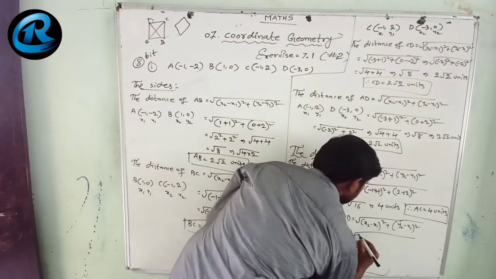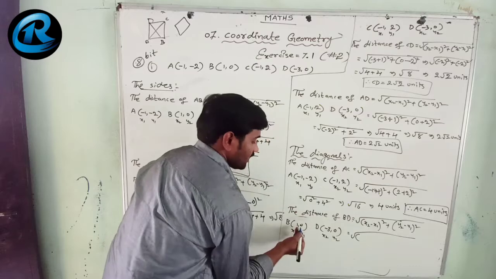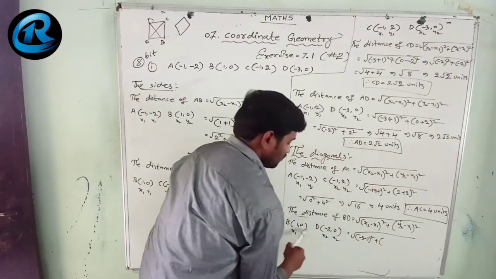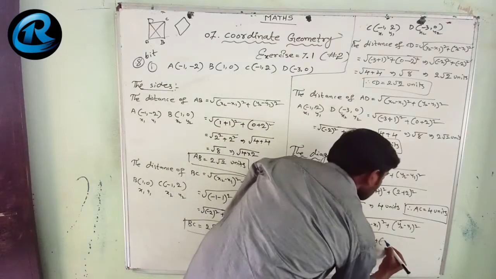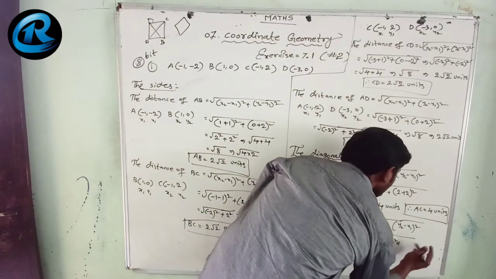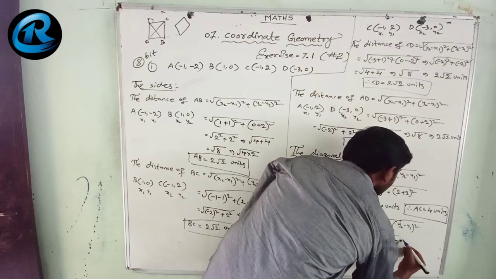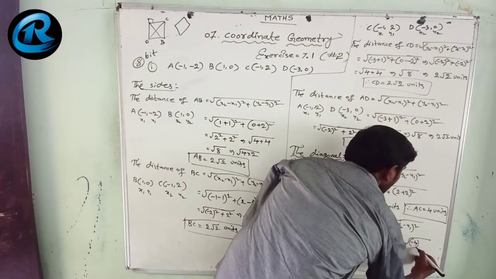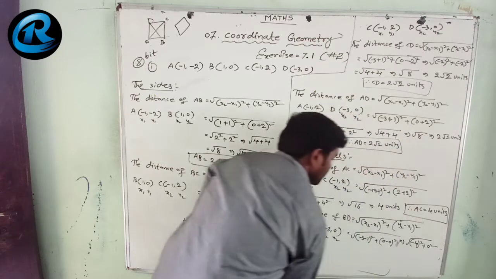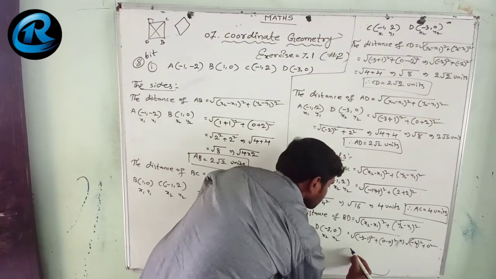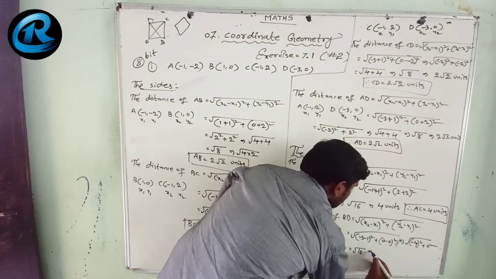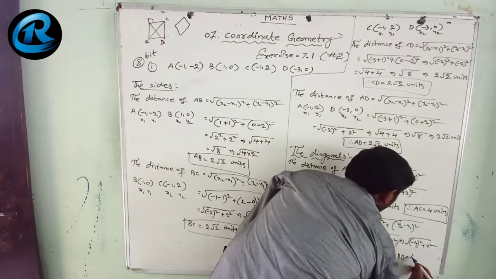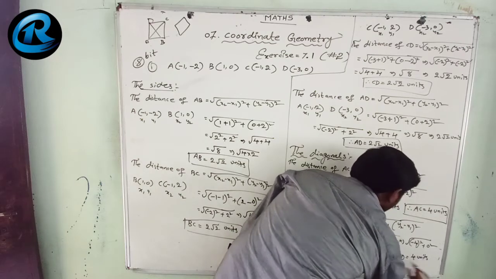Let us substitute: x2 minus x1, minus 3 minus 1, whole square plus y2 minus y1, 0 minus 0 whole square, that equals minus 4 whole square plus 0 square. Minus 4 whole square is 16. Root 16 value is 4. Hence BD equal to 4 units.